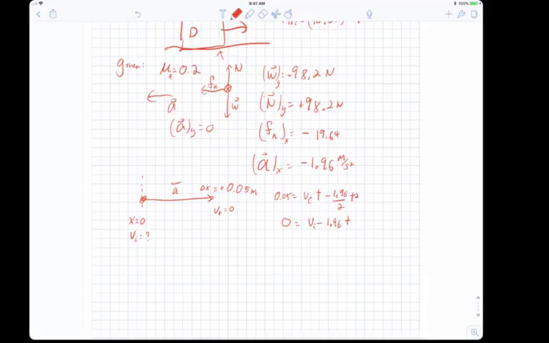So 0.05 is equal to vi times vi over 1.96 minus 1.96 over 2 times vi divided by 1.96, all squared.